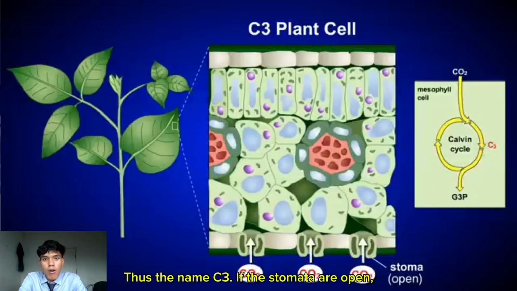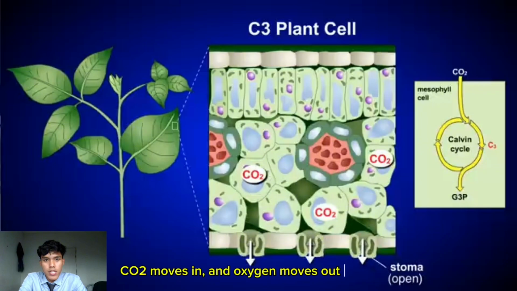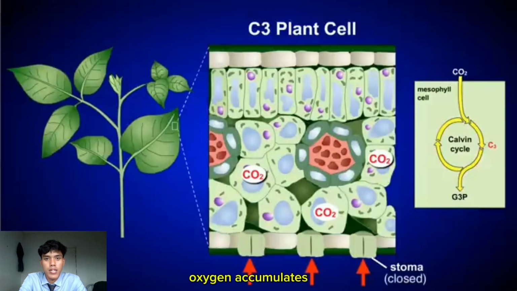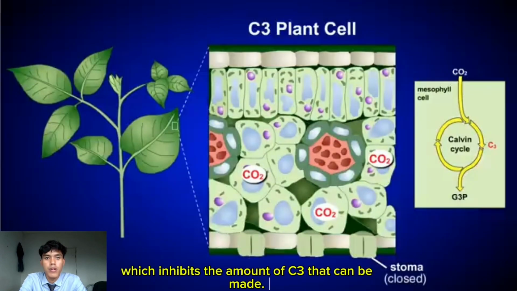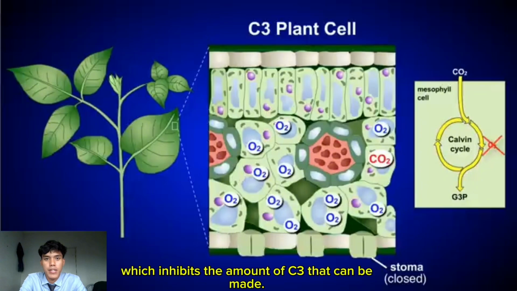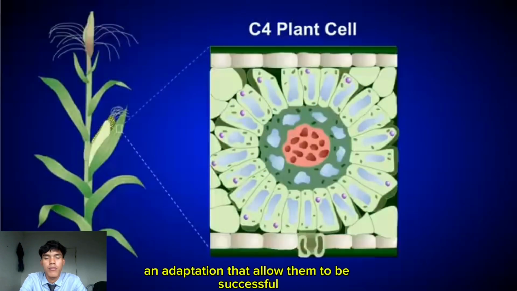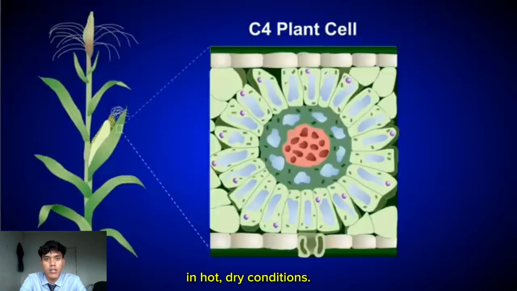If the stomata are open, CO2 moves in and oxygen moves out of the cell. But under hot or dry conditions, when the stomata are closed, oxygen accumulates, which inhibits the amount of C3 that can be made. Some plants have evolved an adaptation that allows them to be successful in hot conditions.